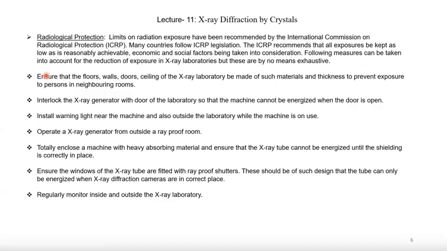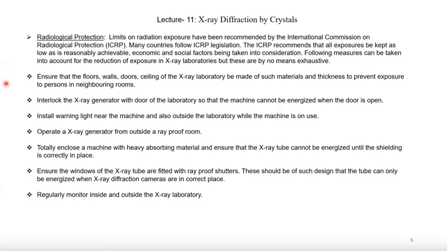What we can do to protect the X-ray laboratory is make the floor, walls, doors, ceiling, etc. with materials and thickness that prevent X-rays from reaching persons in neighboring rooms. That means for X-ray rooms or any other radiation rooms, we make them with such materials and thickness that they absorb X-rays so that they don't go to neighboring rooms.